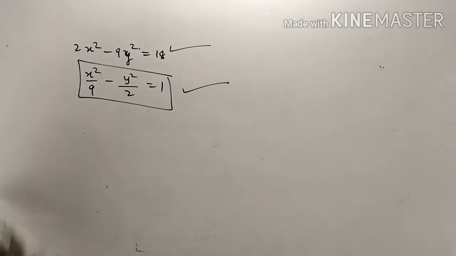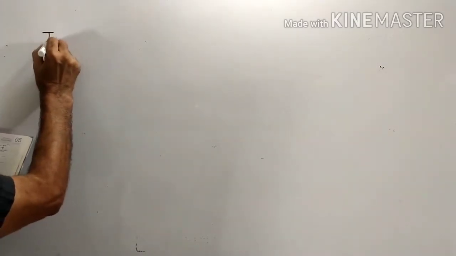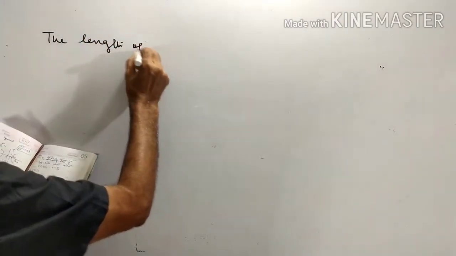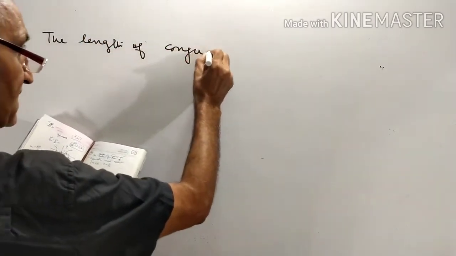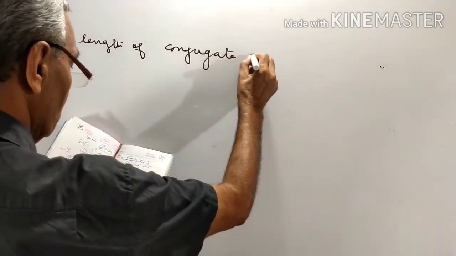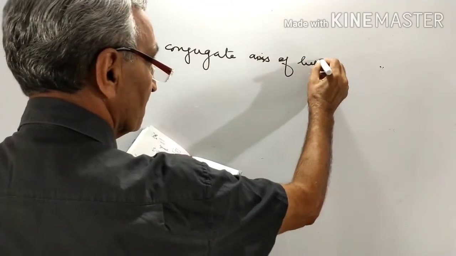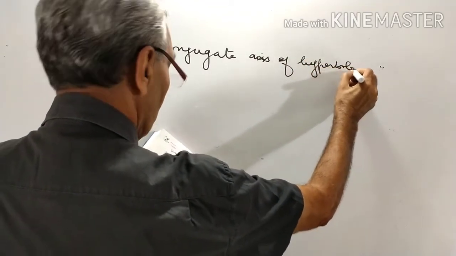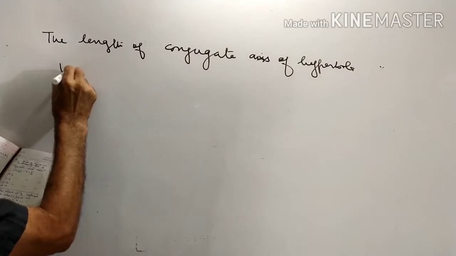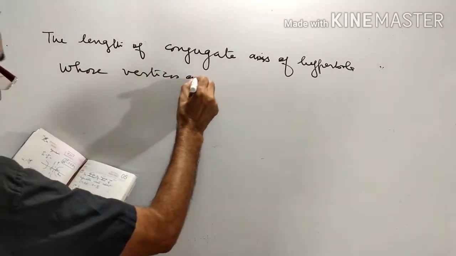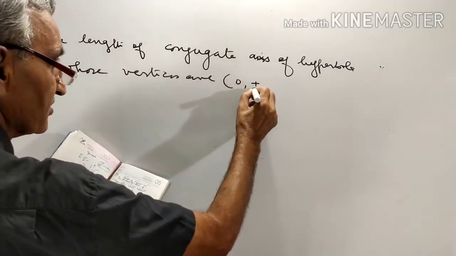The next question is about the length of the conjugate axis. We have to find the length of the conjugate axis. There are two axes, conjugate and transverse, of the hyperbola. This is a hyperbola whose vertices are given as 0 and plus minus 6.